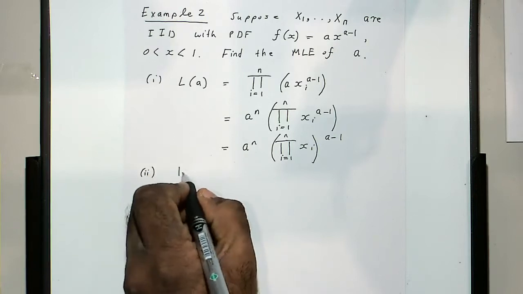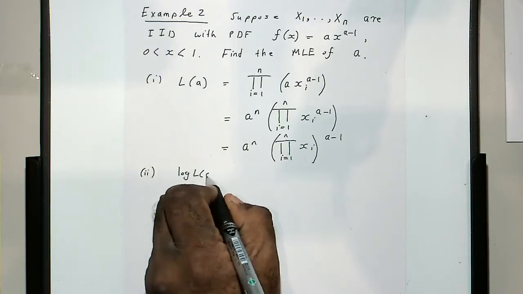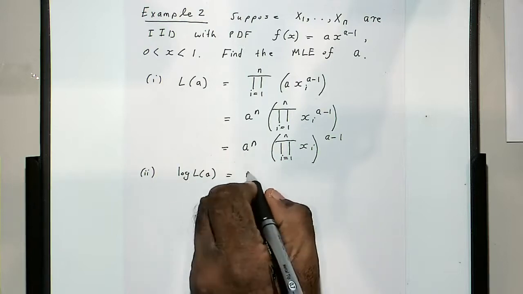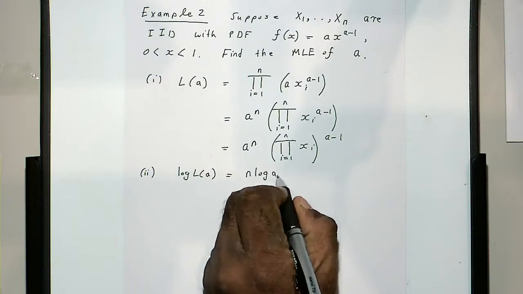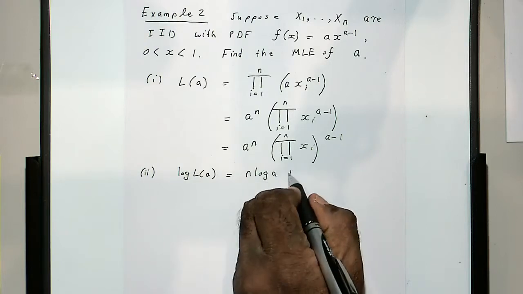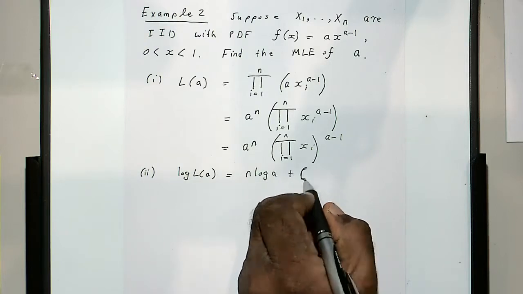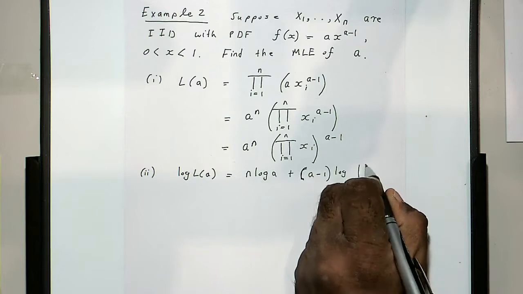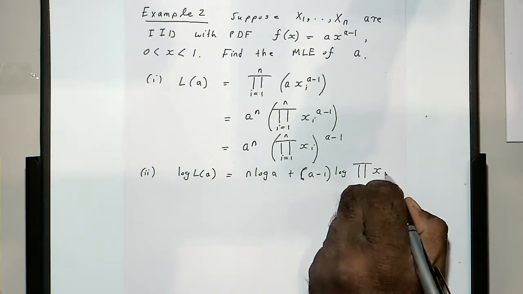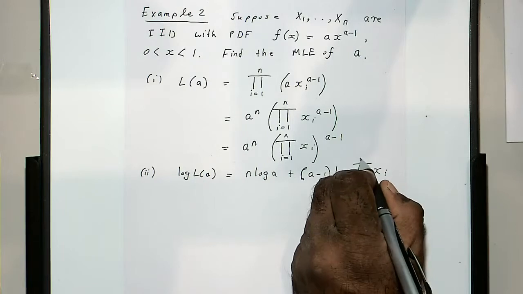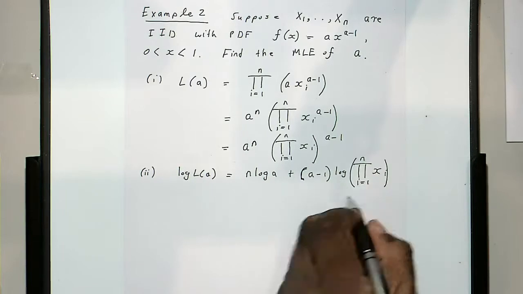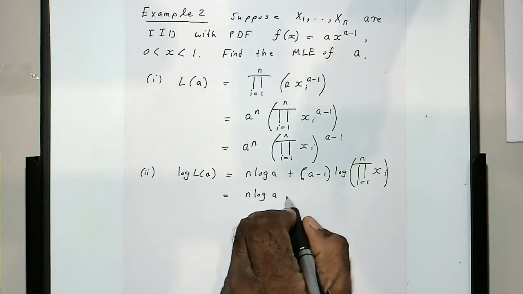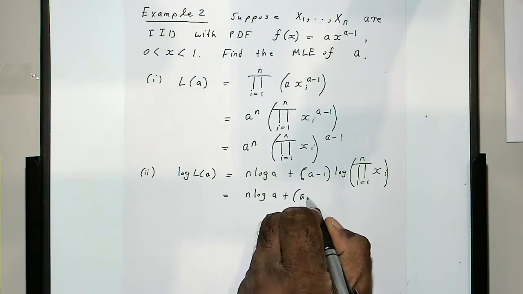Then you take the log of the likelihood, which is log of this guy here, which is n times log A, plus the log of this term, which is A minus 1, times the log of this product of xi. Right, which is n times log of A plus A minus 1.